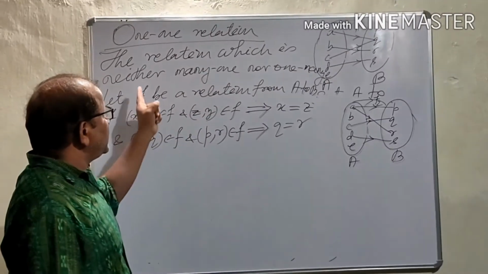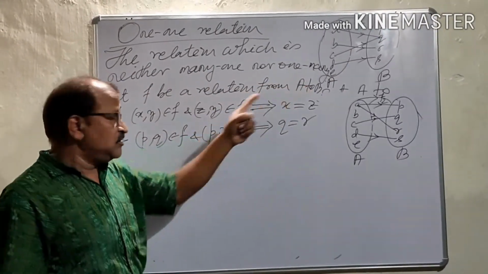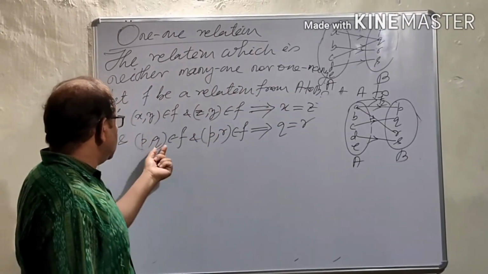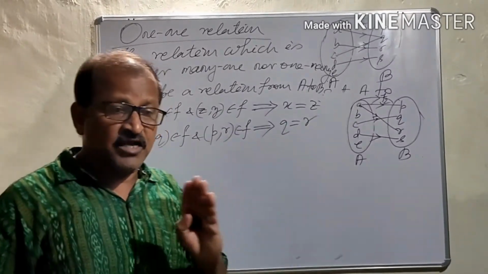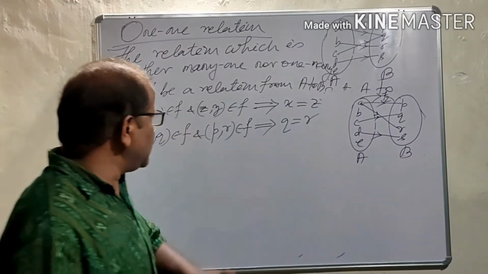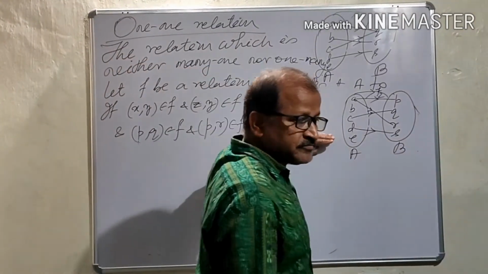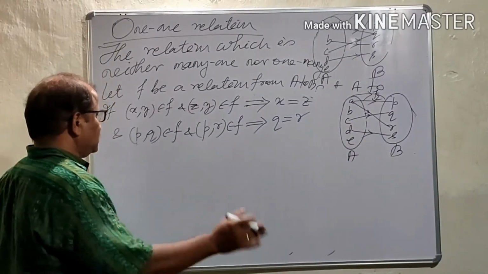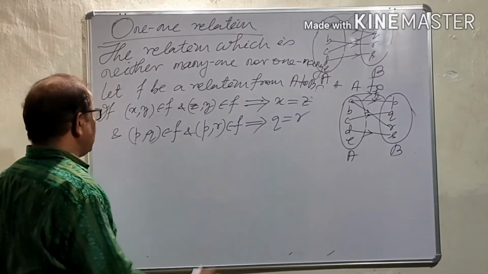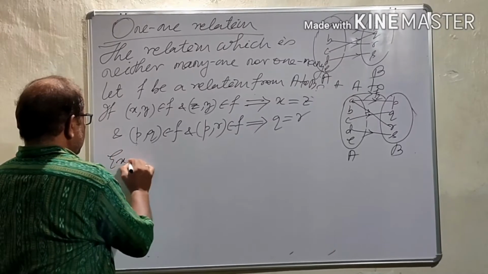But we have said that it should not be one-many. It should not be one-many means these two elements, q and r, are not distinct. They are identical. They are equal. q is equal to r. Then it is called one-one. Let us take another example.